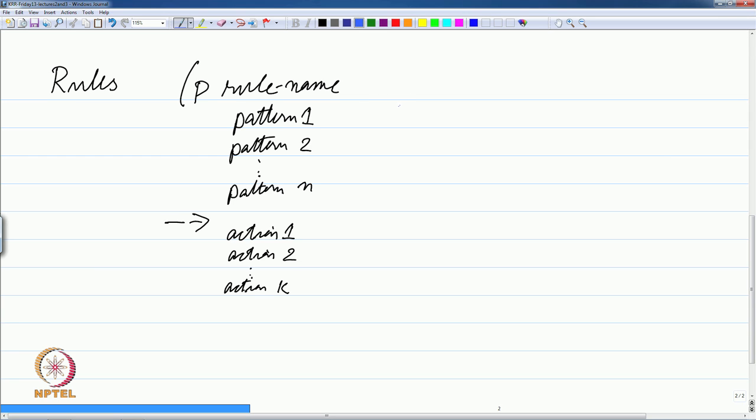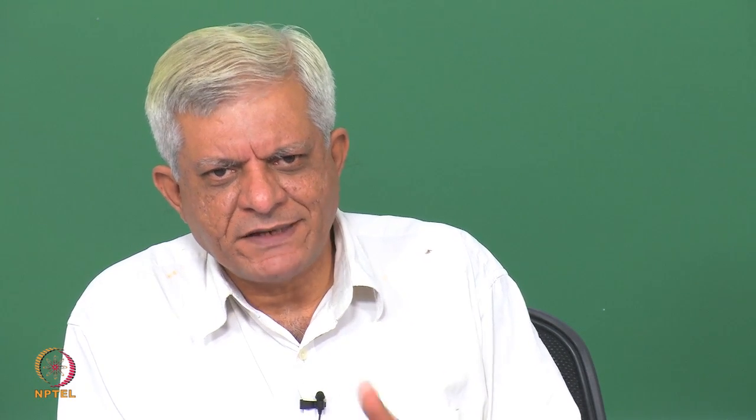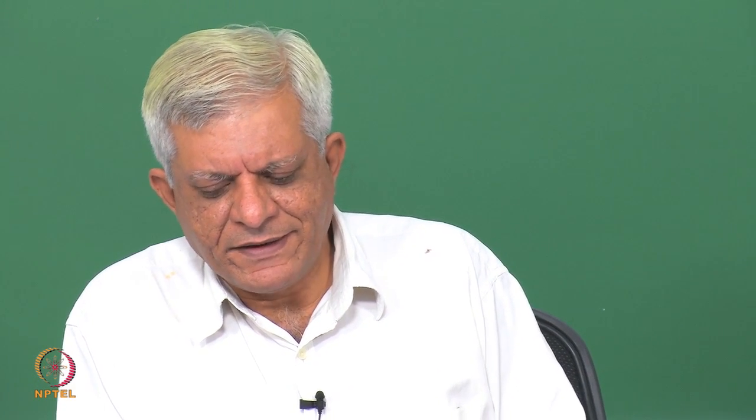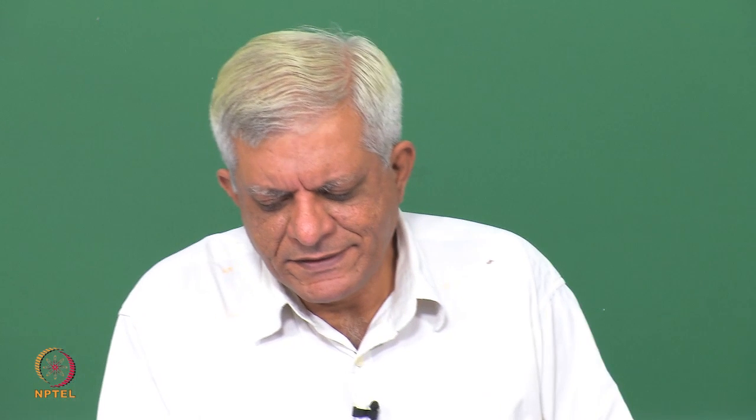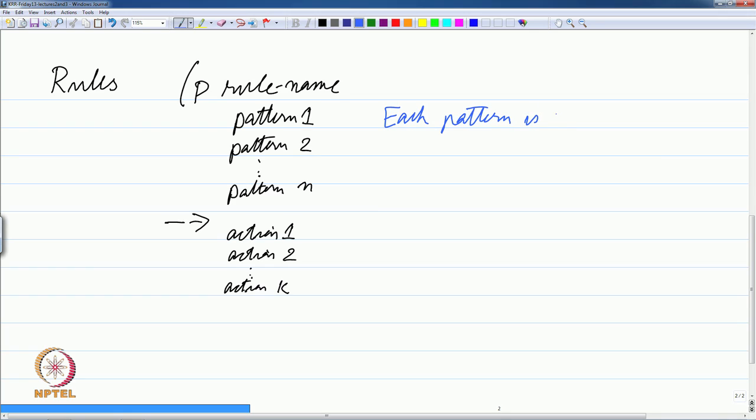Now each pattern can be thought of as a series of tests that you want to do on a token. Remember that the network gets a token at the root, and a rule is interested in only those tokens which satisfy the pattern it is specifying, and it is specifying the pattern as a set of tests.